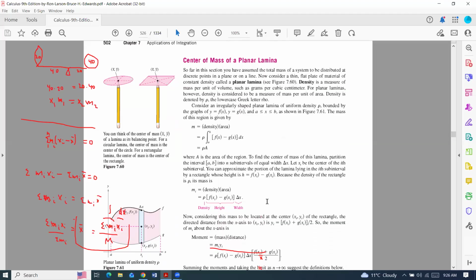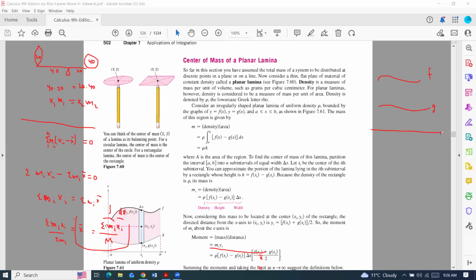So this all comes to three-dimensional situations, and the last thing I wanted to show you is how to deal with so-called planar lamina. So it's like a uniform thickness piece of metal. So they made a nice picture on the bottom. So if we have two functions, f and g, both of variable x.